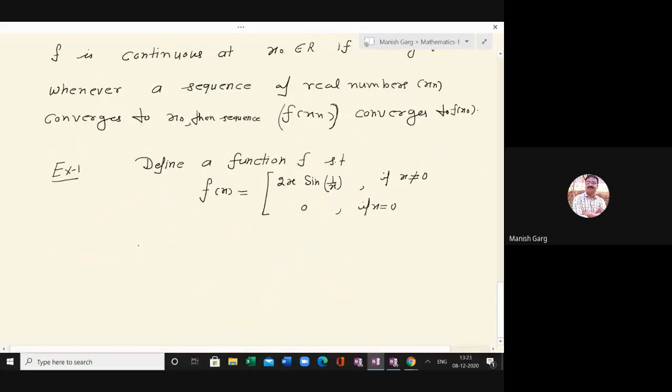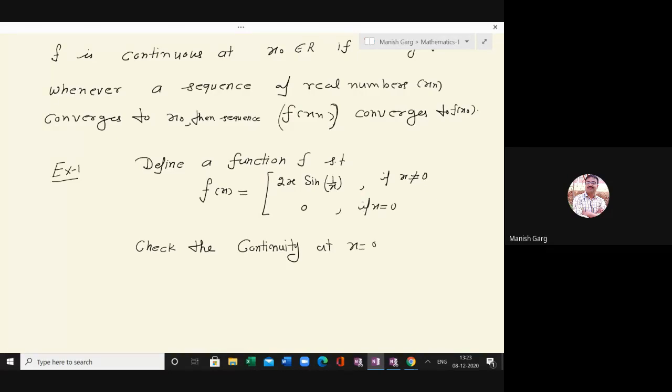The question is, check the continuity at x is equal to 0.